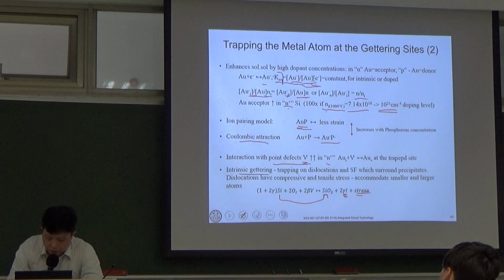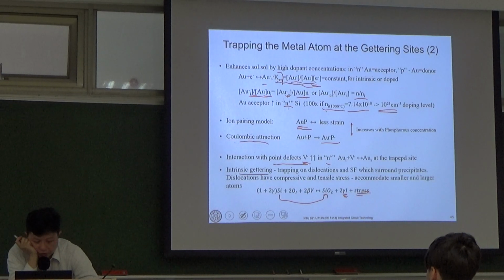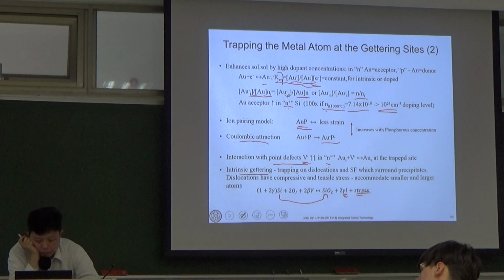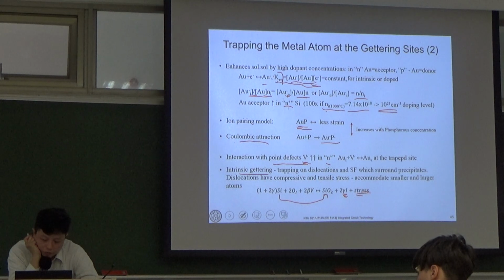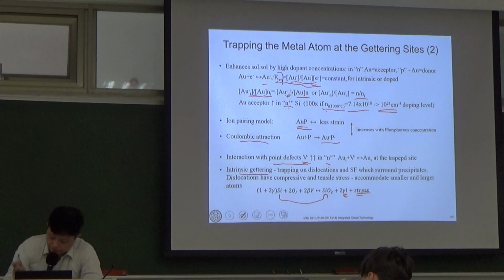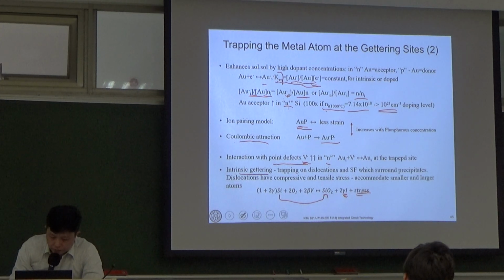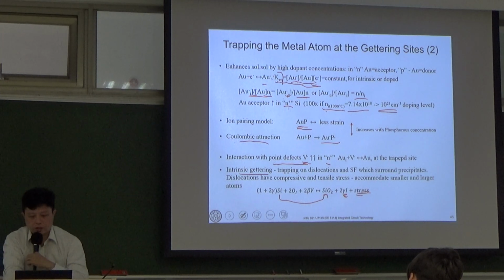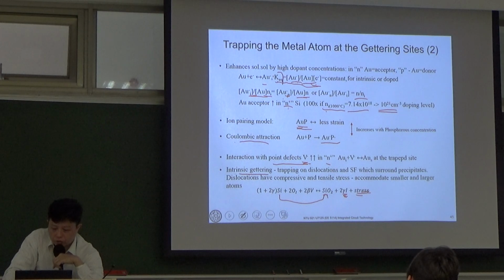So again, this is quite difficult; people propose different models and different physics to try to explain what we observed during the experiment. So sometimes it's very complicated, so it's not the main purpose of this class. So we just give you a brief introduction of how we can model this gettering process.